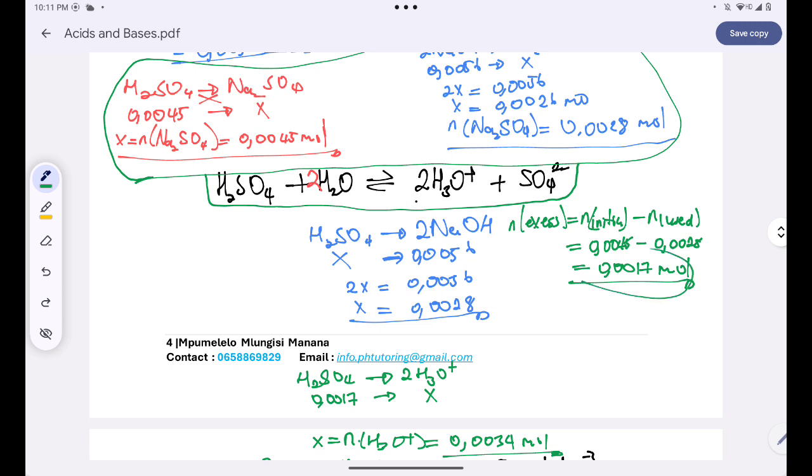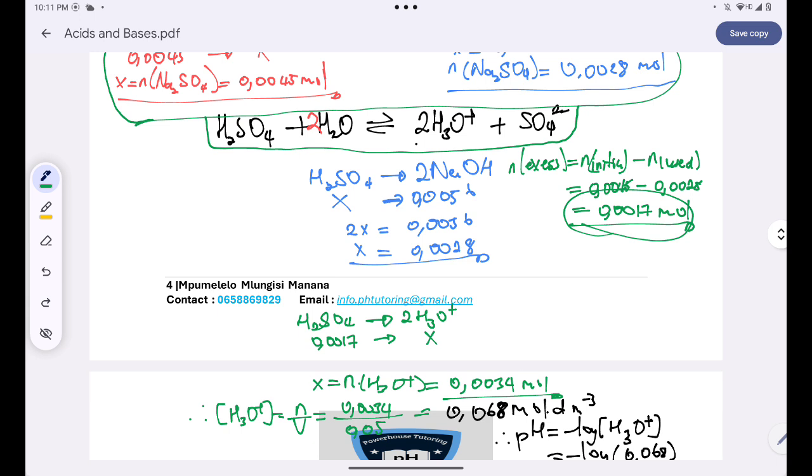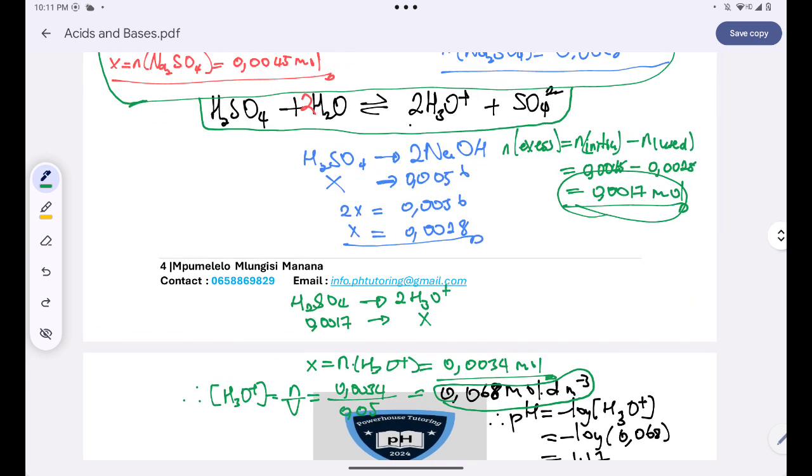I got 0.0017. After doing that, I calculated the number of moles of the hydronium ions produced by the acid in excess. I got 0.0034, and then calculated the concentration of my hydronium ions. This is what I got, and then later found the pH.